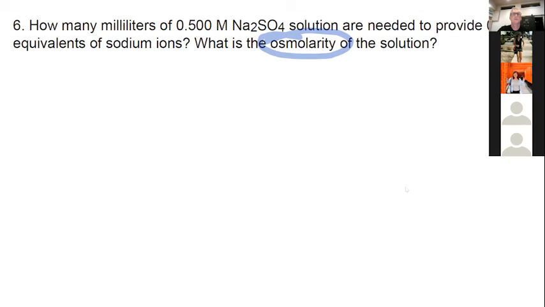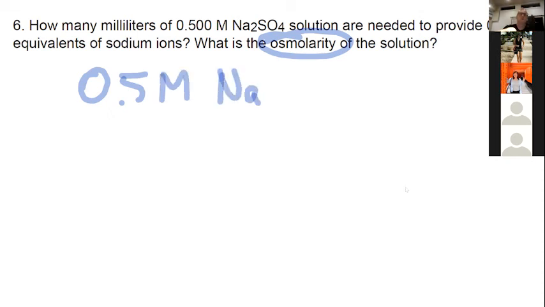What does it mean? So we know the concentration is 0.5 molar sodium sulfate. So if I have a solution of sodium sulfate, that's the label I would have on it. And that's the molarity.